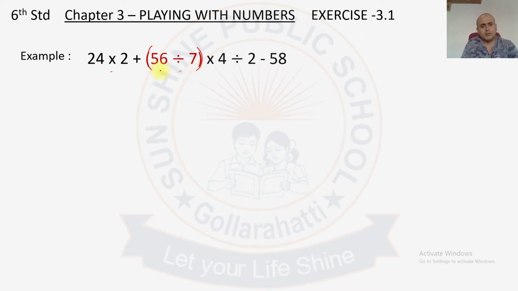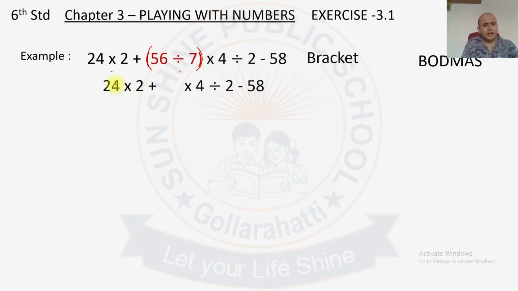So first, according to BODMAS rules, we have to remove the bracket first. That means by solving it we have to remove this bracket. Let us solve and remove it. First removing the brackets, write all the remaining numbers as they are, but only the bracket you have to solve.